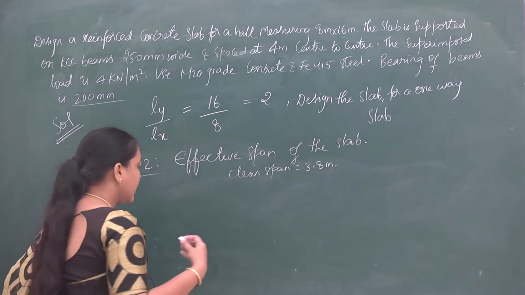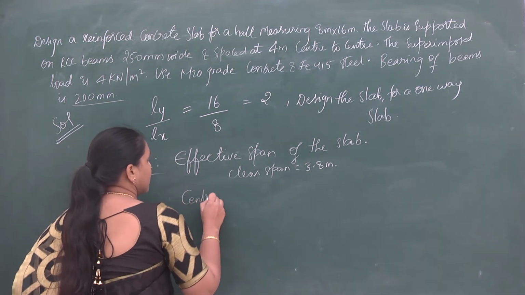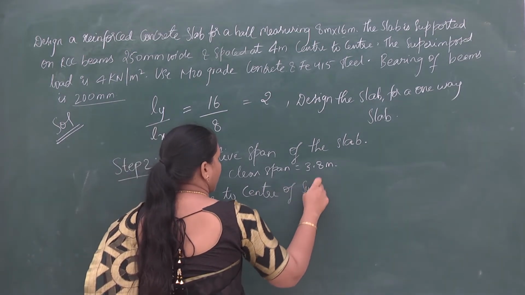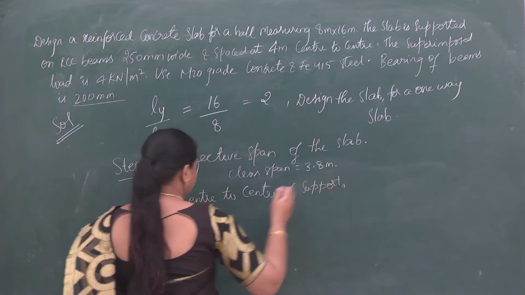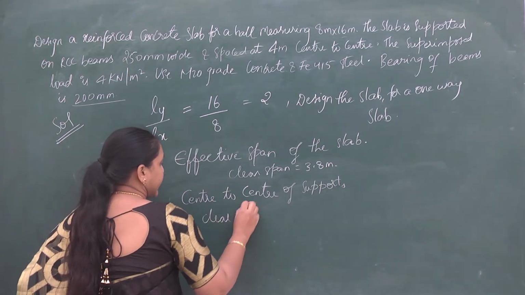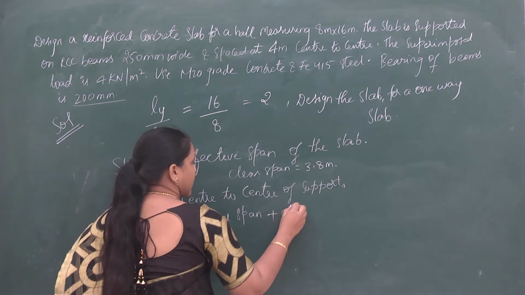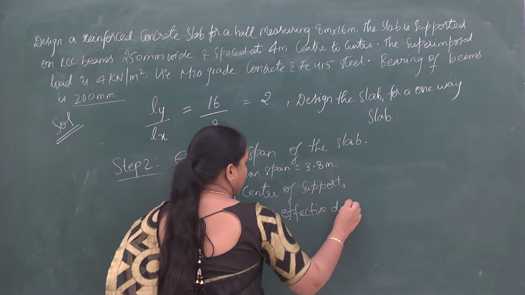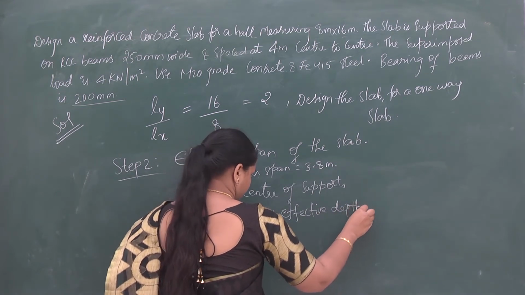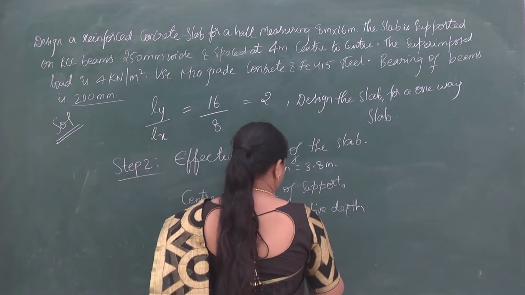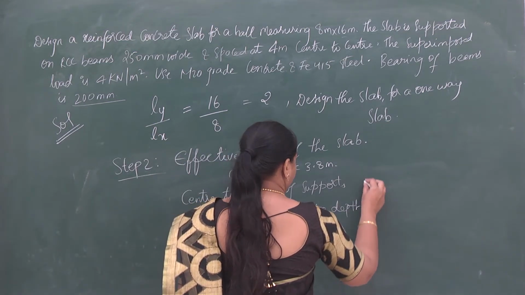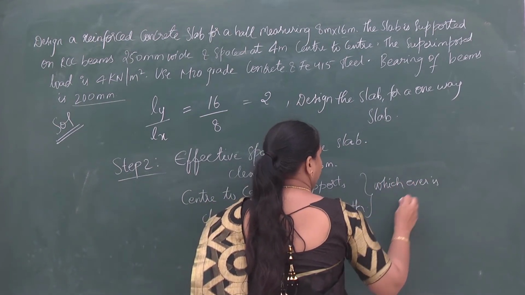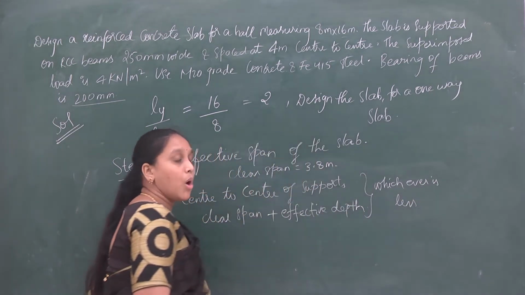The effective span can be taken as the center to center of supports, or the clear span plus the effective depth, whichever is less.